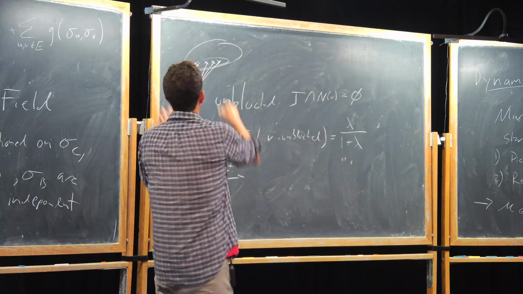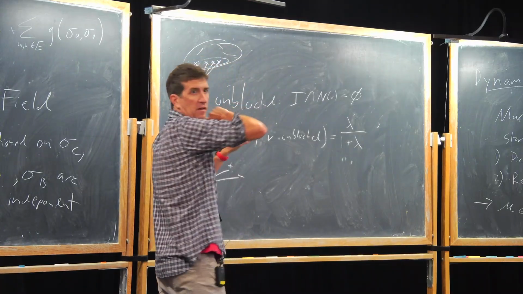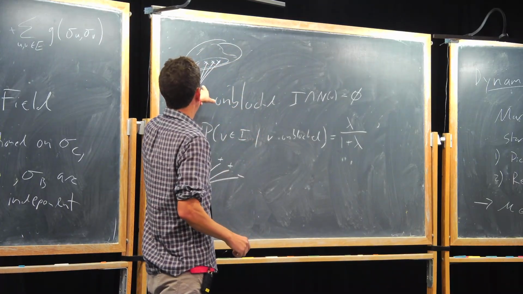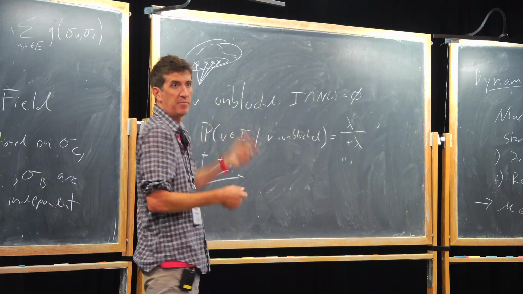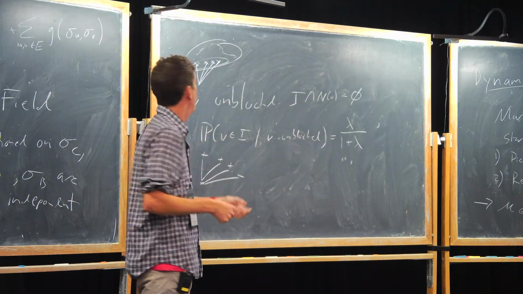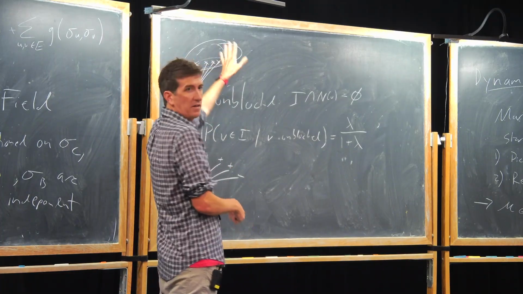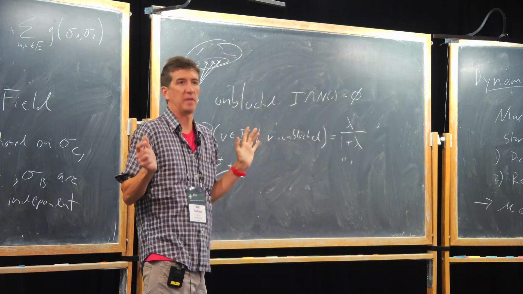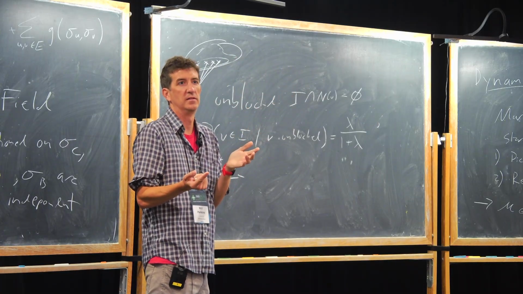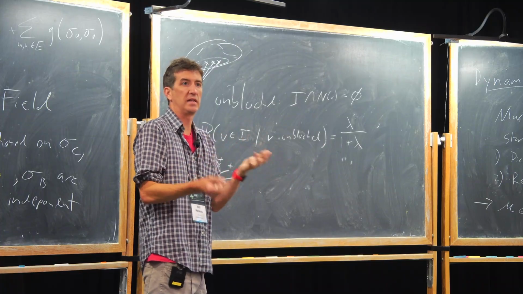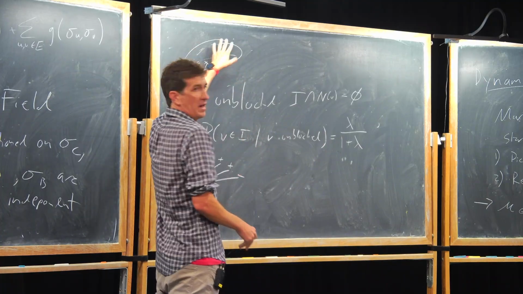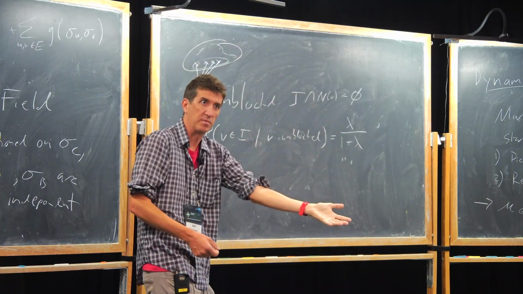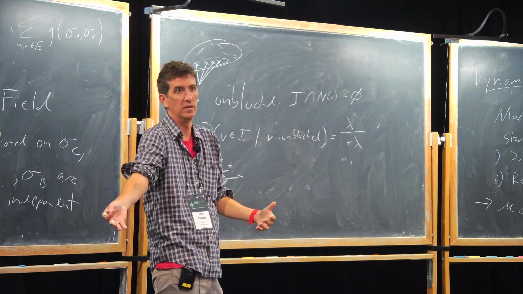Whatever is happening elsewhere is happening there. There are two possibilities for v. It can be in or out. If I'm in, I multiply the weight of the rest of the configuration by lambda. And if I'm out, I multiply it by 1. Those are the two possibilities. And for every possible other independent set in the complement, I can multiply by lambda, or I can multiply by 1.